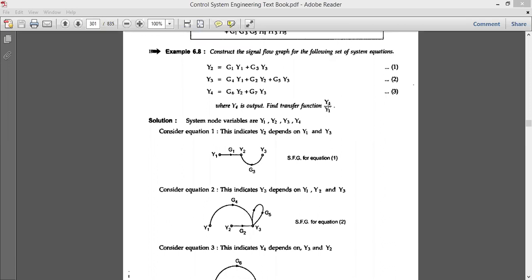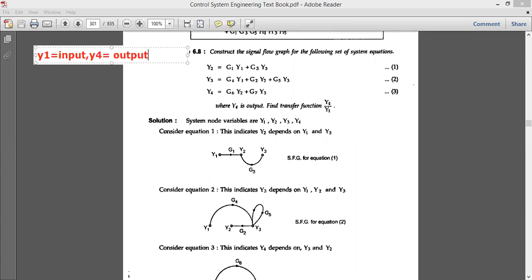How to identify this? Already they have given y4 as the output, so by default y1 will be the input to the system functions. So let us represent that y1 is equal to input and y4 is equal to output of the system function.